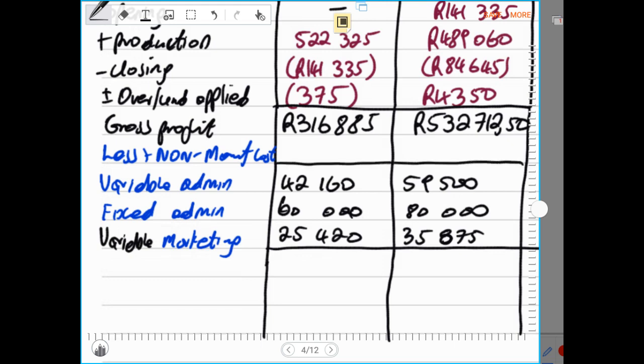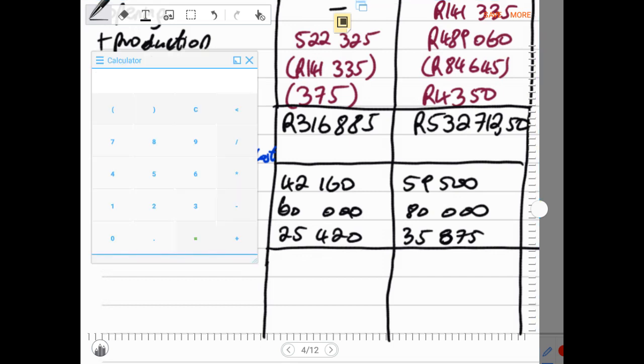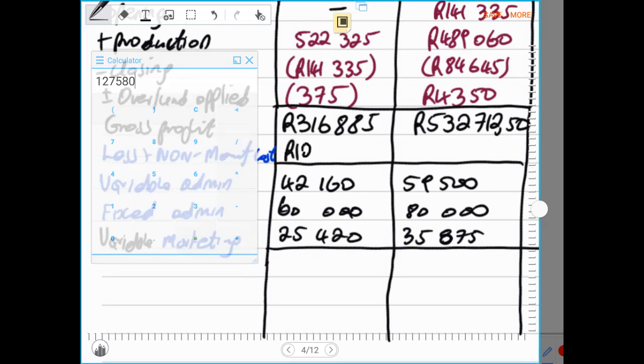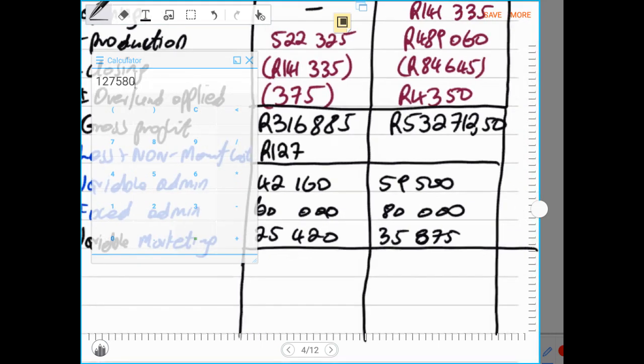Then now with that being said, it means we can calculate our total non-manufacturing cost: 42,160 plus 60,000 plus 25,420. This will give us 127,580.